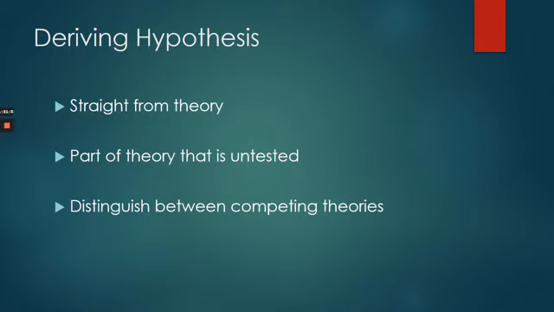So the researchers thought, well, how can we distinguish these competing theories? And the way to distinguish it is through heart rate. So what they did is they did the same research method, but they hooked the babies up to heart rate monitors.